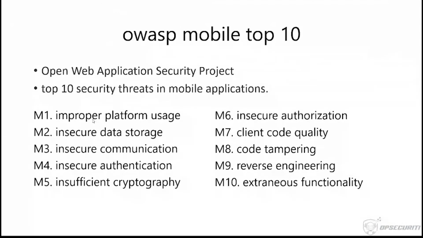And then extraneous functionality. In some applications, they deploy code for beta users, and that code only shows the new page if you're a beta user. But the thing is, you deploy that to the client, to the application again.